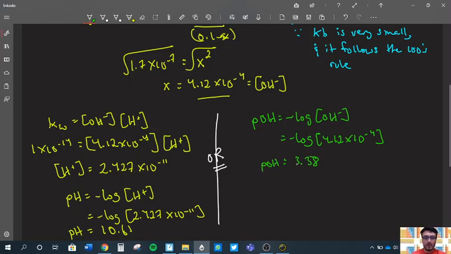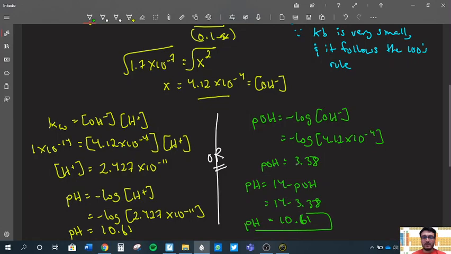We can figure out pH because it's 14 minus pOH, which is 14 minus 3.38, which is 10.61. That is our pH. And look, let me fix that 6 over there. It's the same.